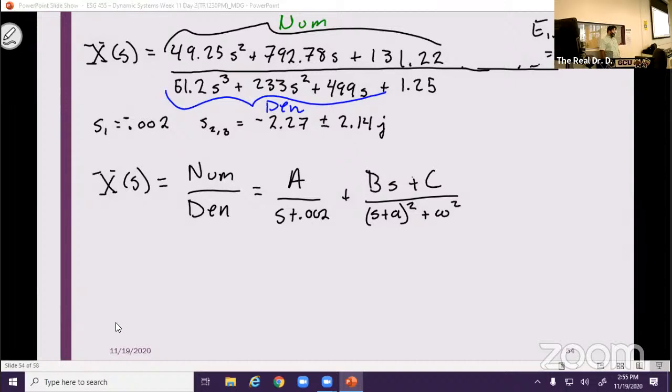So you run through, you find A, B, and C. Then you do a second partial fraction expansion to make sure that you know how much of it is the sine and how much of it is the cosine. Then you're done. Then you inverse Laplace it.